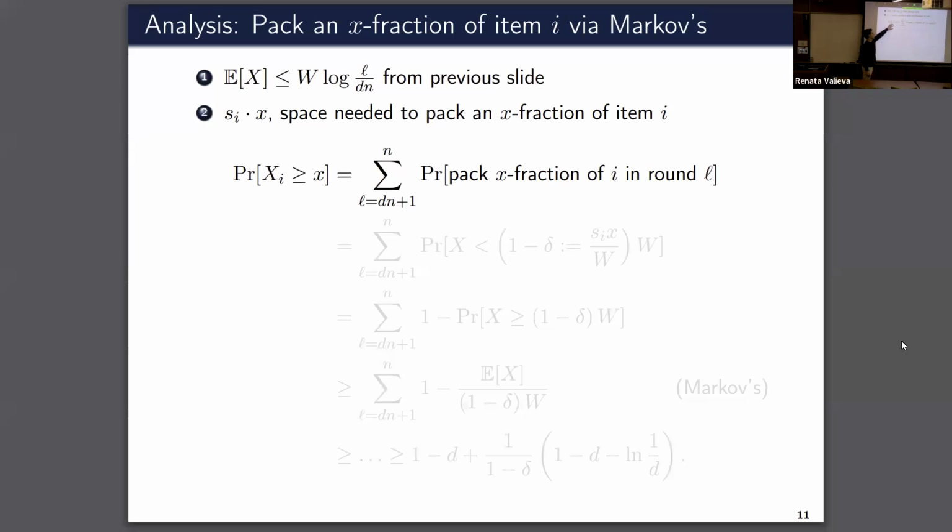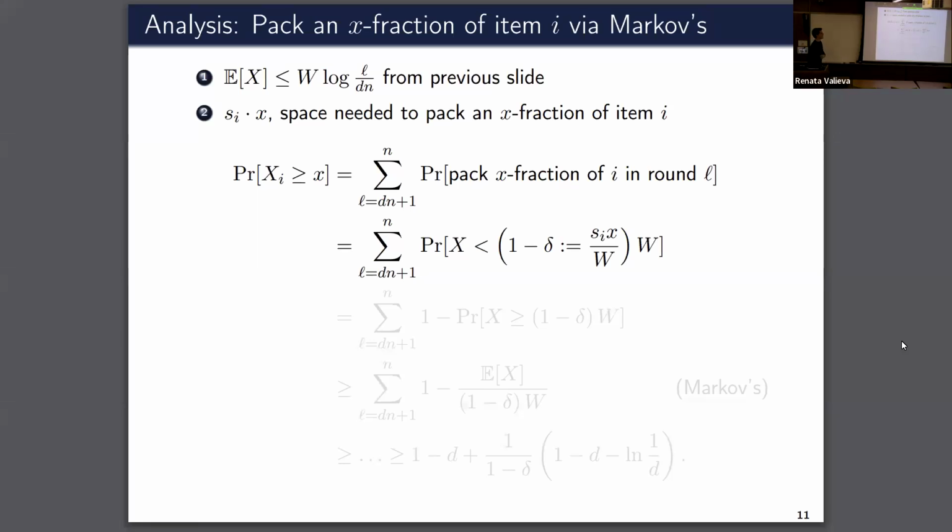It will be just bigger. So we consider, okay, is there enough, at least X times Xi space remaining in the knapsack in expectation? So consider round L, where item I will be revealed, and we sum over all L rounds throughout the packing phase.